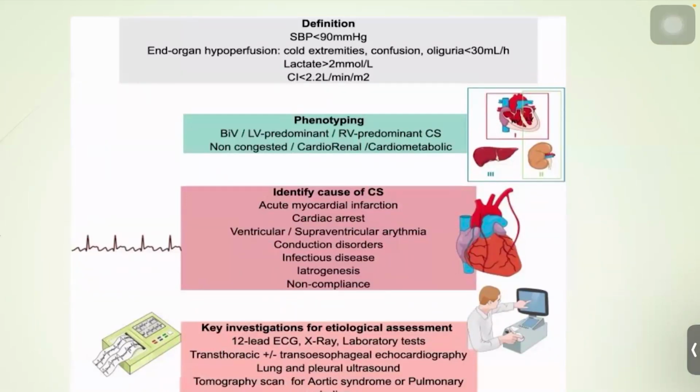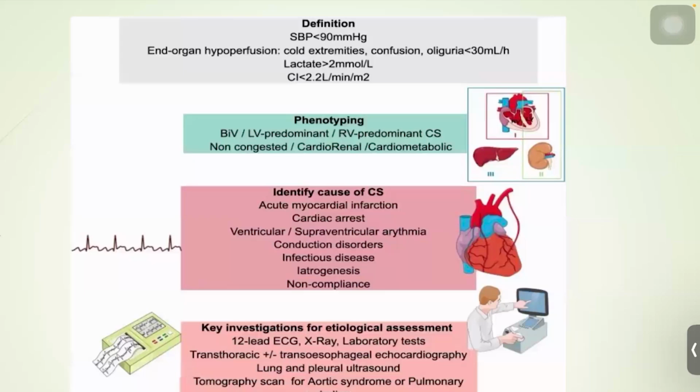The definition is systolic blood pressure less than 90, end organ hypoperfusion, proven by cold extremities, confusion, oliguria, less than 30 ml per hour urine output. This patient had only 10 ml per hour urine output. Lactates, although were not given, there are chances that the lactates would be raised if the ABG was provided to us.